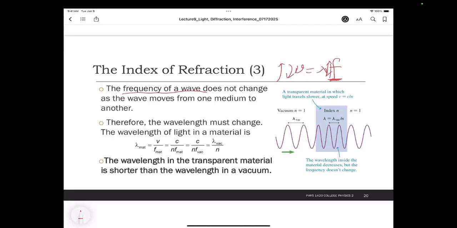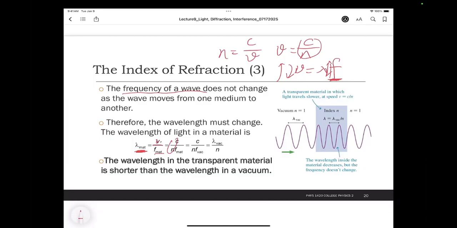The wavelength of light in a material is the velocity in the material divided by f. We know n equals c divided by v, am I right? So v equals c divided by n, which is why I replace v with c divided by n here.